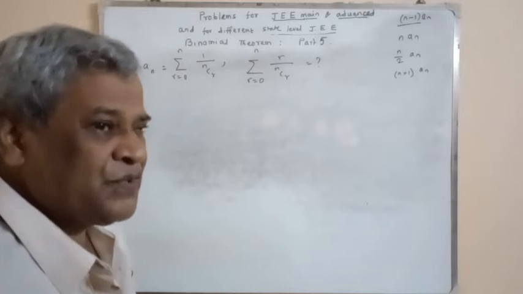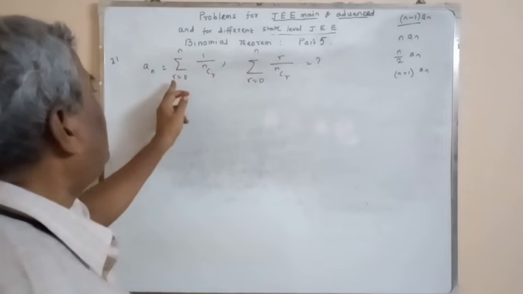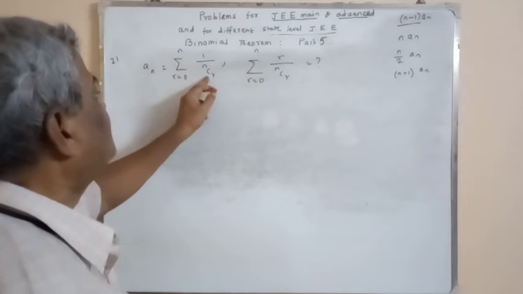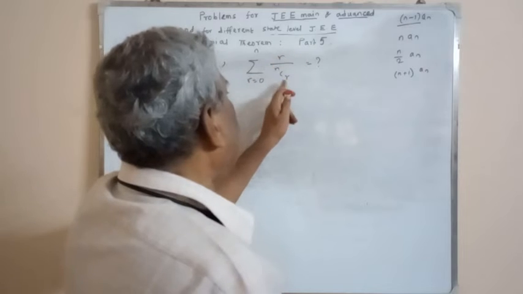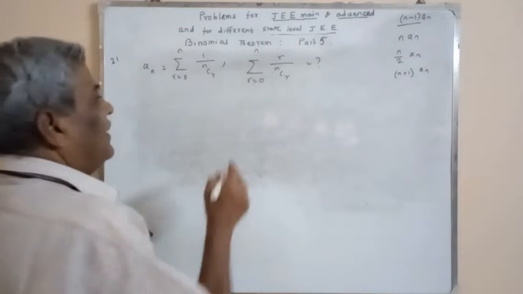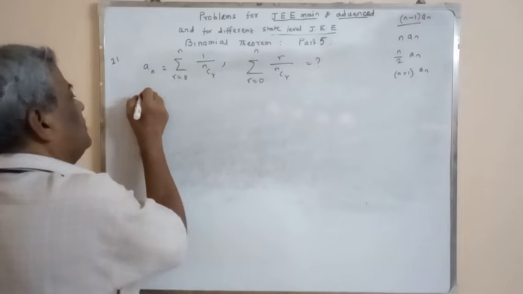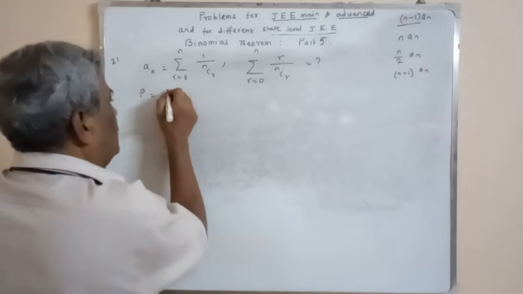Okay. The problem is an is equal to this summation, the sum of n plus 1 terms. Now let p be this one, which we have to find out.